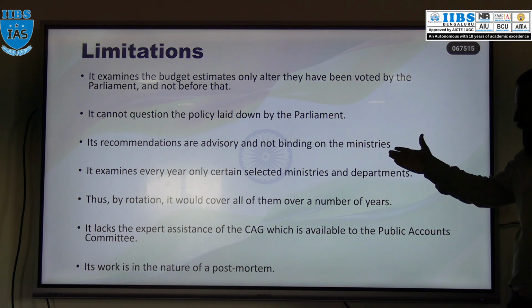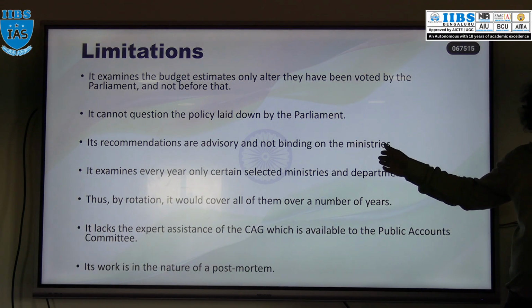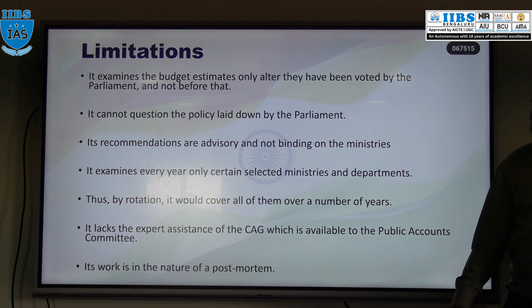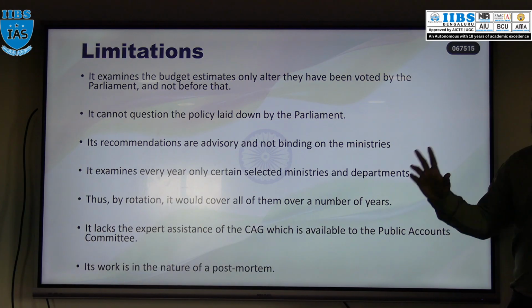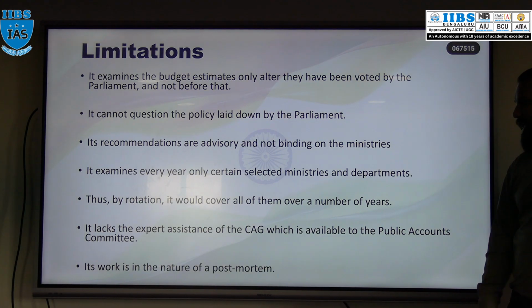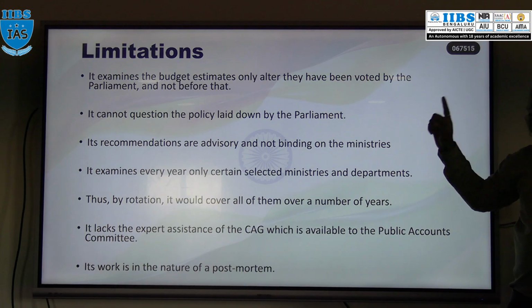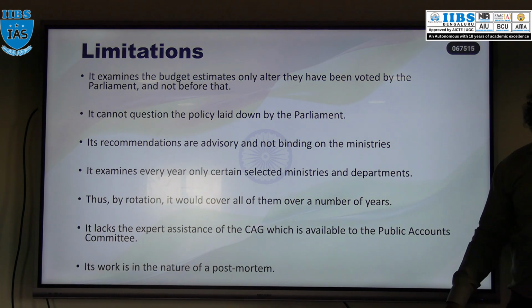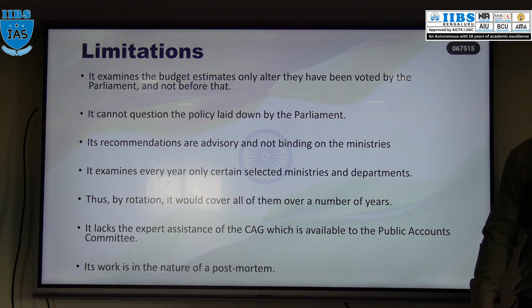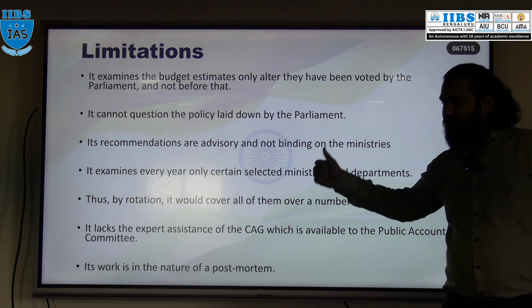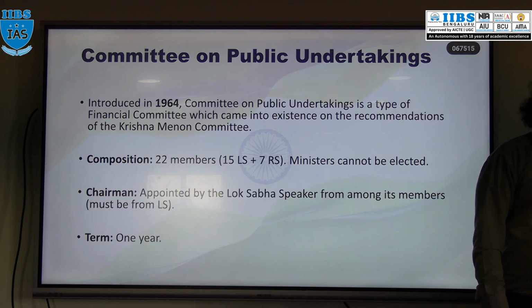If they want to cover all ministries and their departments by rotation, it will take nearly 4 to 5 years, and till that time there is a chance of the government changing also. And it does not have expert assistance as in the PAC, the Public Accounts Committee, where the CAG expert is there, which is not available to this committee. Got it? So this is about the Estimate Committee.